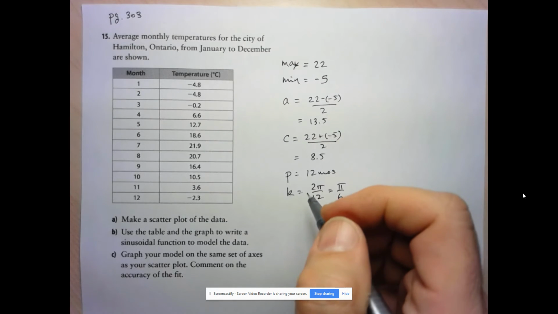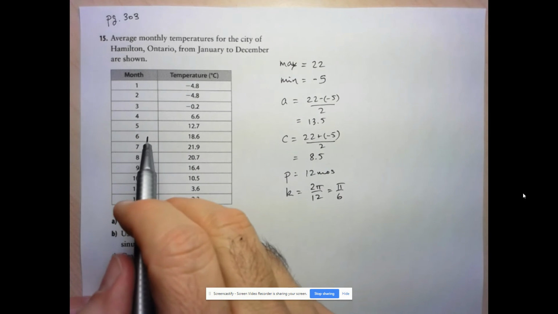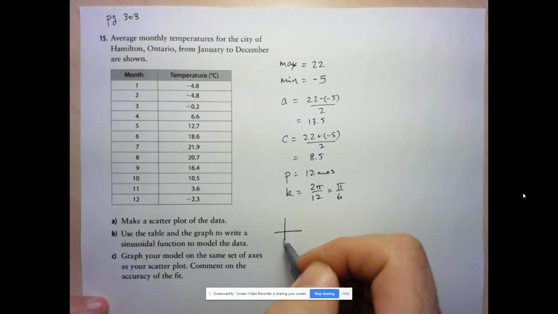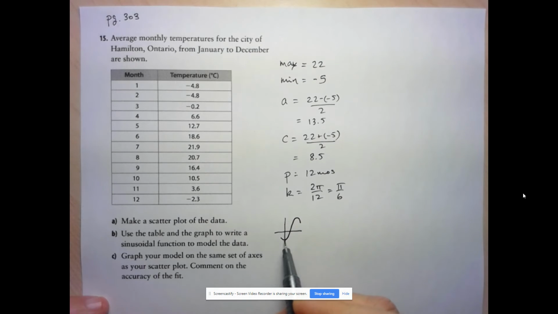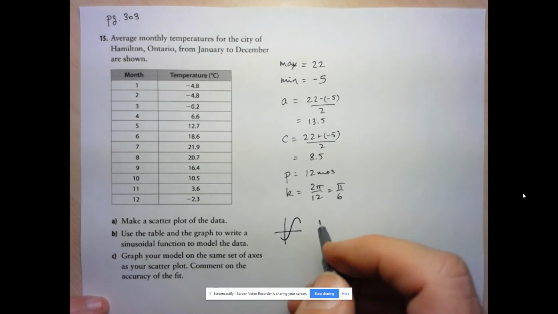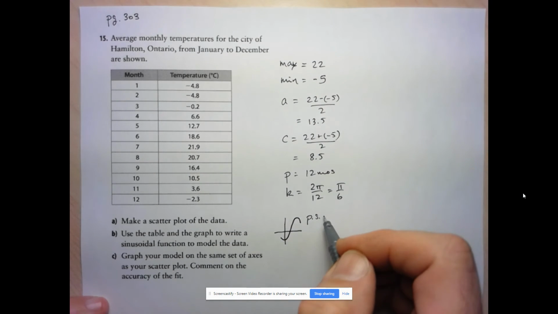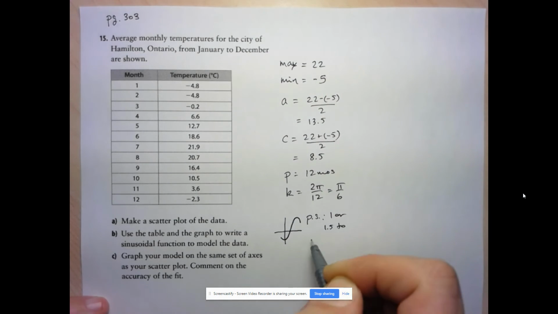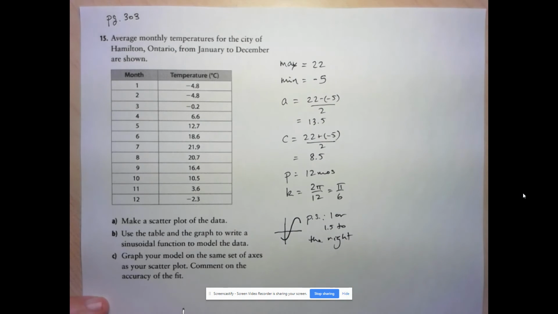And then our phase shift. Since the minimum is very close to the beginning of the year, if we take an unshifted negative cosine graph and want the minimum to occur further into January, I'm going to be moving to the right. So my phase shift, and this is where I'll keep it open-ended, is 1 or 1.5 to the right. We'll see when we plot it which one seems better.